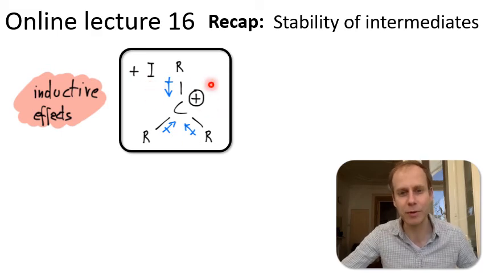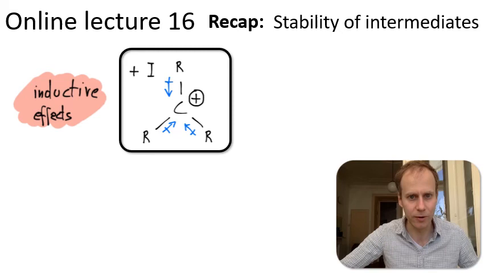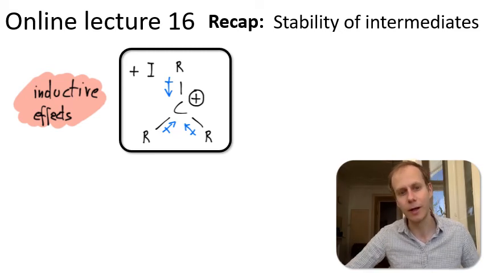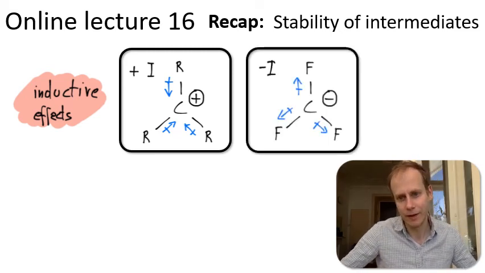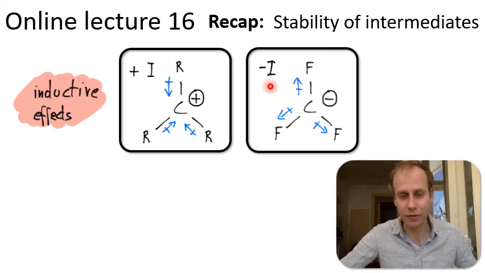This leads to stabilization of this carbocation so that it does not immediately continue to react to form a product, for instance. So it has a longer lifetime due to this positive inductive effect. This is the negative inductive effect, minus I. Now this is the opposite. These residual groups are more electronegative and they can stabilize carbanions.